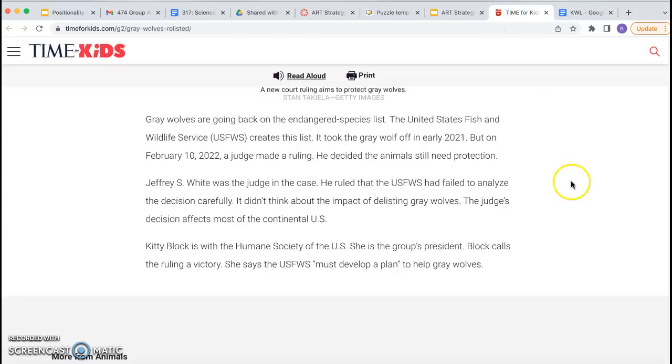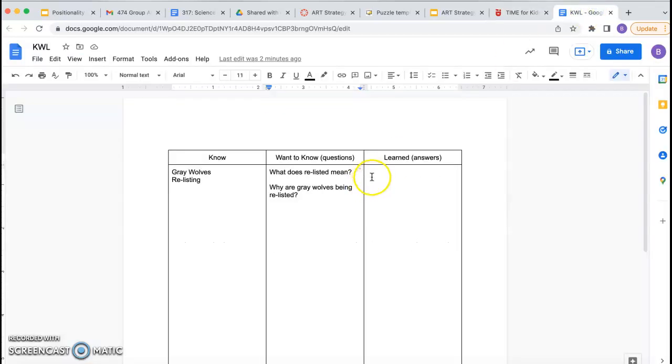So on mine, what does relisted mean? Well, since I read it, I would know that relisted means that they are going back on an endangered species list. So I would say that they are on an endangered species list again. That's my answer to my first question.